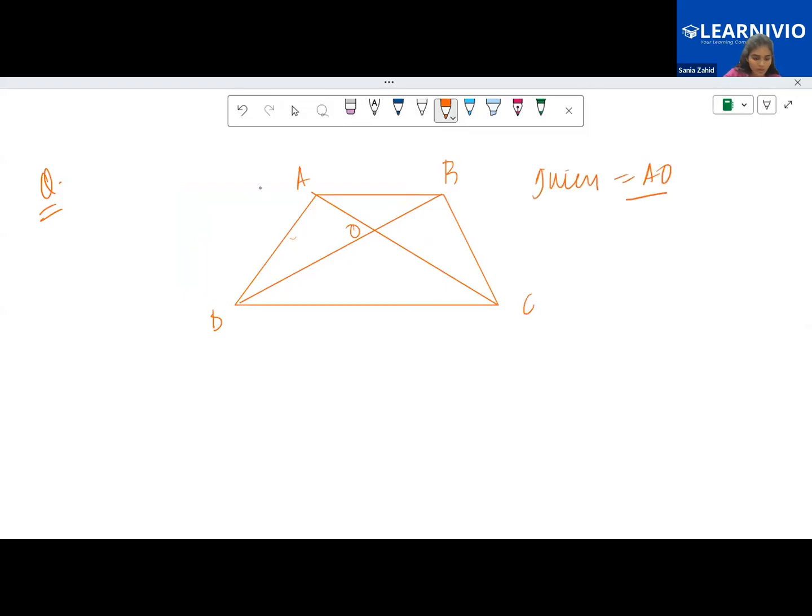AO upon BO is equal to CO upon DO. This is given to you.